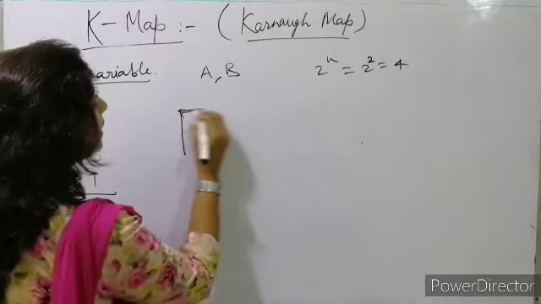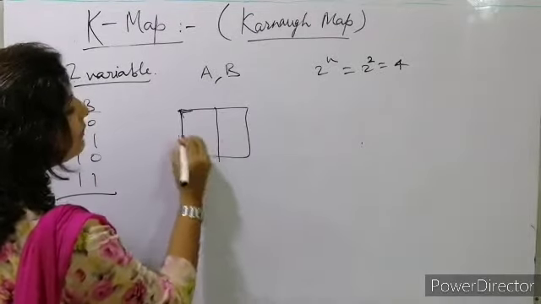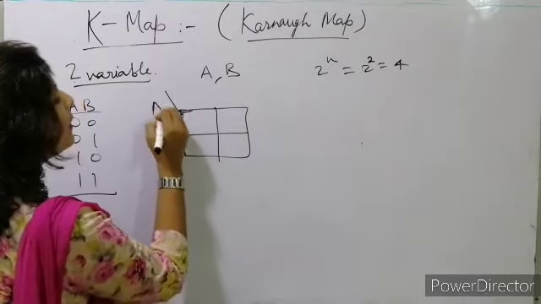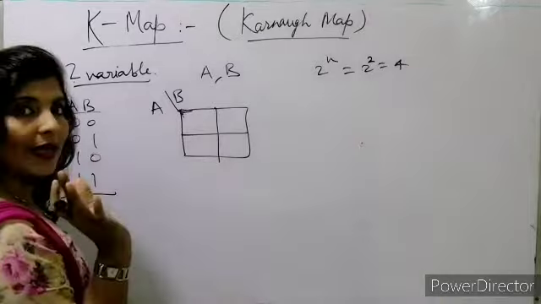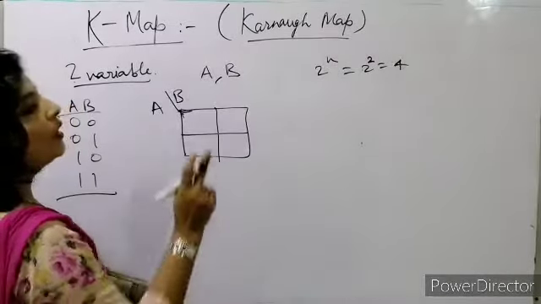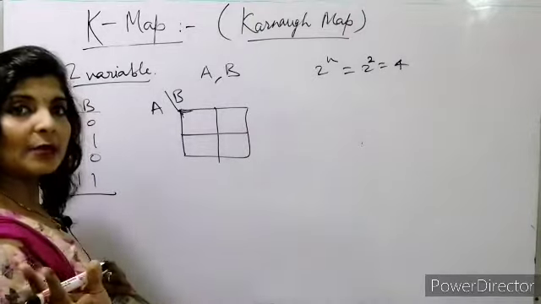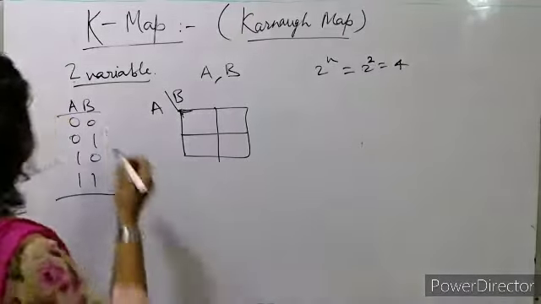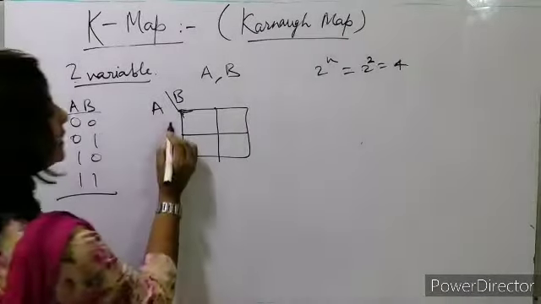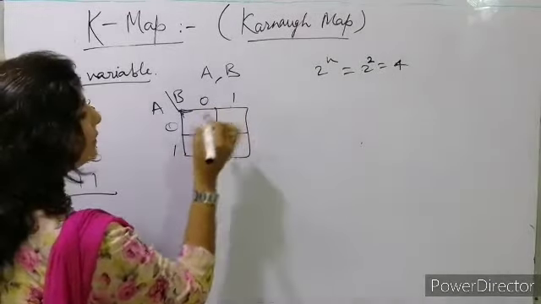We'll write like this, a square box. There will be 4 squares. Why 4 boxes? Because 2 to the power 2 is 4, and when we have two variables, there will be four terms. These are the four terms. So how will we write this? 0, 1, 0, 1.